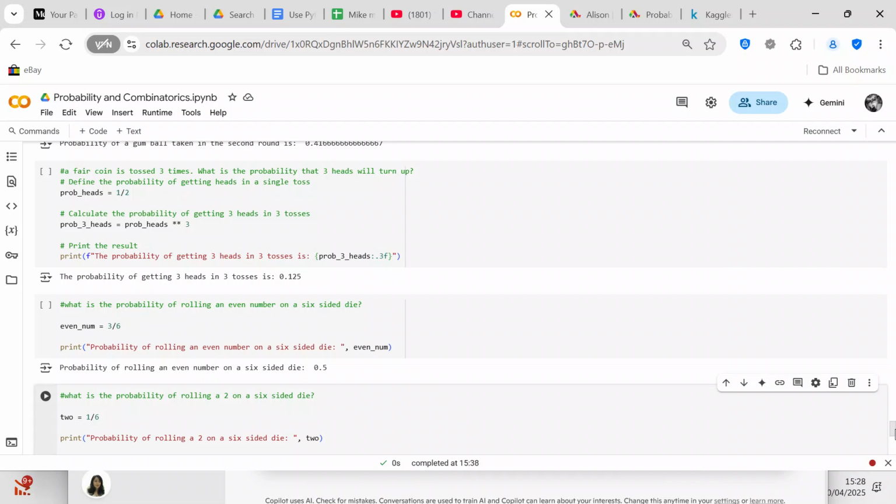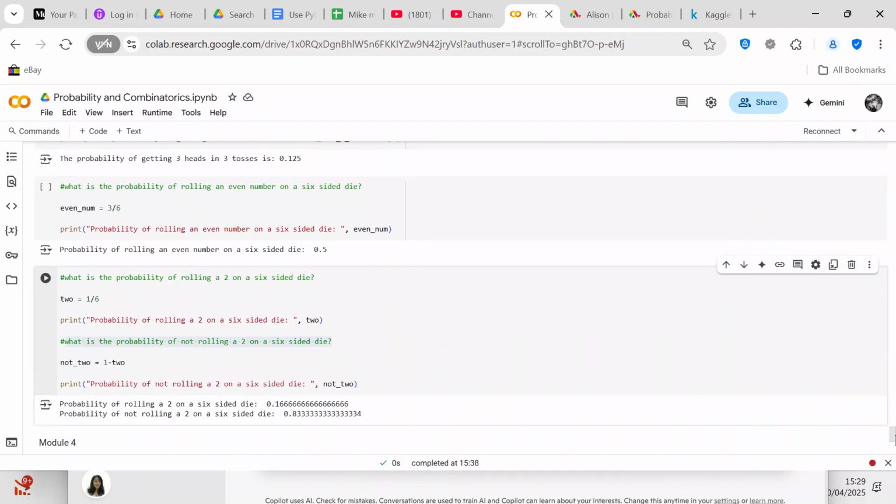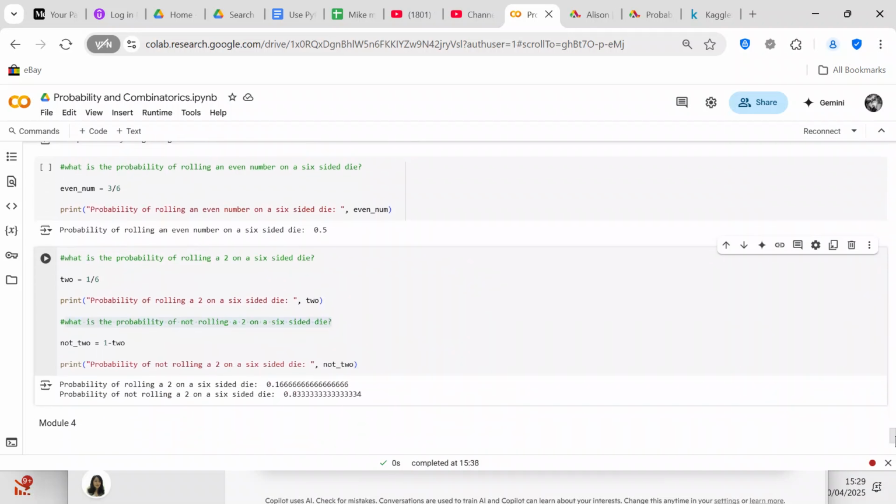So probability of 3 heads equals probability of heads to the power of 3, because it's going to be probability of heads times probability of heads times probability of heads. Then you print that off, and you have a probability of 12.5%.